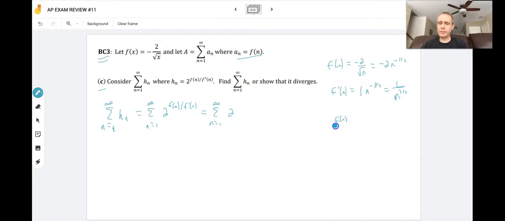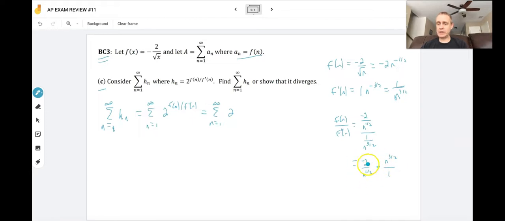And to simplify, I'm going to simplify this ratio down here first and then plug it in over here. So f of n is this negative 2 divided by n to the 1/2 power, and that's all over 1 over n to the 3/2 power, which we can simplify down by taking negative 2 over n to the 1/2 power and multiplying by n to the 3/2 power all over 1.